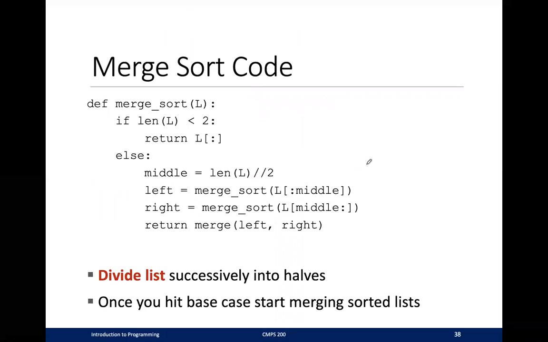Let's see the merge sort code itself. Merge sort is supposed to take an unsorted list, one list, and at the end return the sorted list. It's a recursive algorithm, so I'm going to write it this way. If the length of L is less than two, that's the base case.